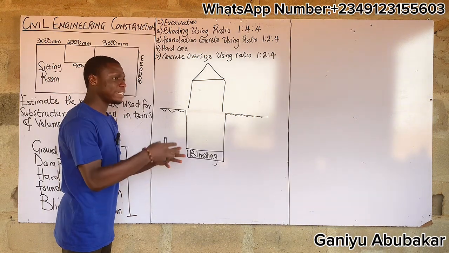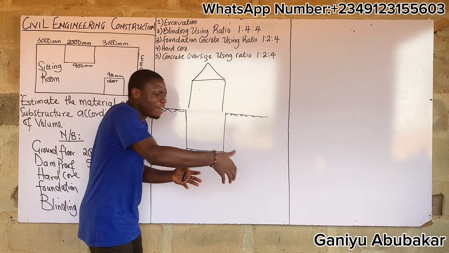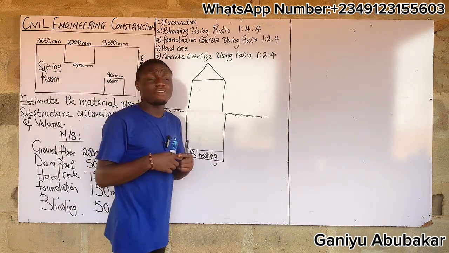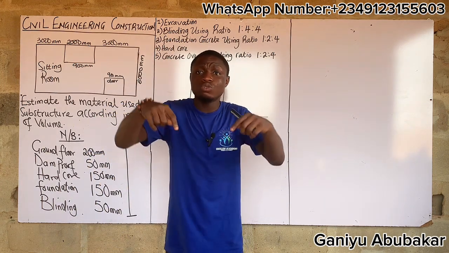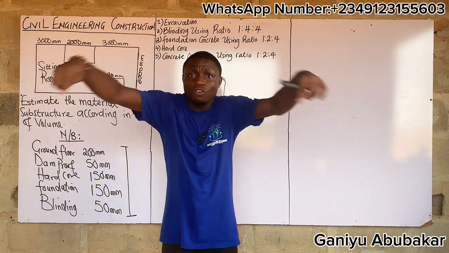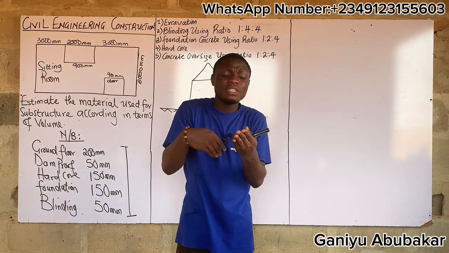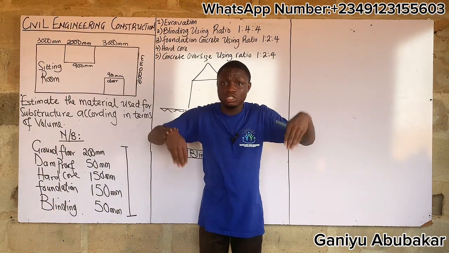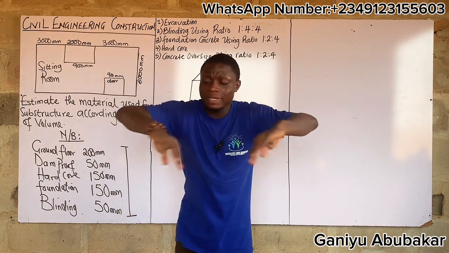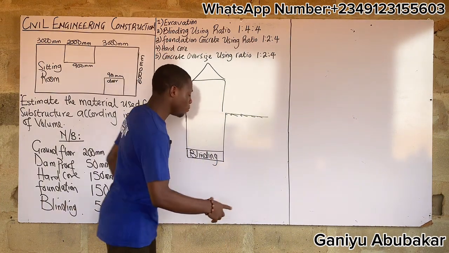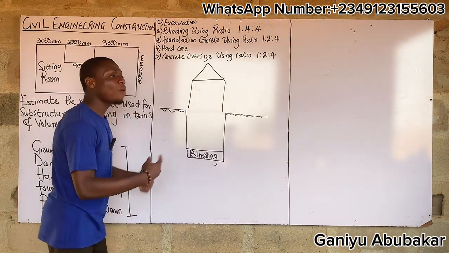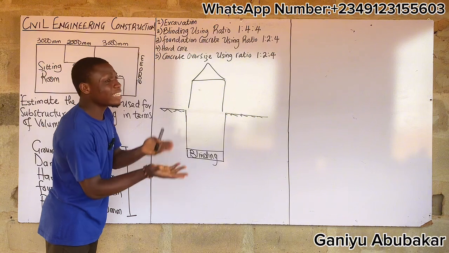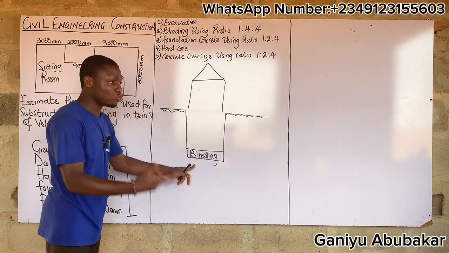If you go to a site, before they start building, they'll do an excavation, they'll dig the ground. After digging, the next thing is to pour your cement into those trenches, those holes you have dug. That cement you poured is called blinding. We'll determine the quantity of cement, sand, and granite we need for this blinding. We're going to do that.